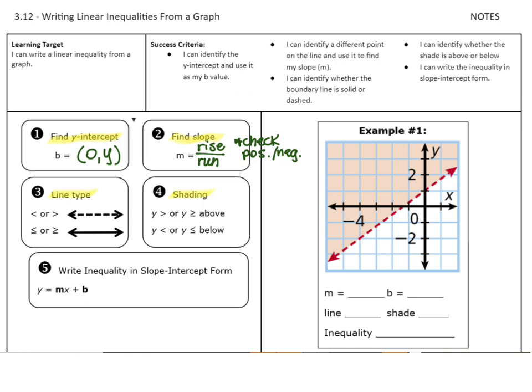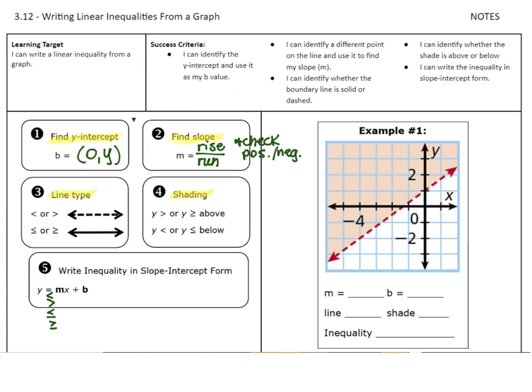And if it is greater than or equal to, the shading is above. And then your final step is to write it in slope-intercept form, that y equals mx plus b form. But instead of y equals mx plus b, it's going to be y is less than, greater than, less than or equal to, or greater than or equal to. So one of those 4 instead of that equal sign.